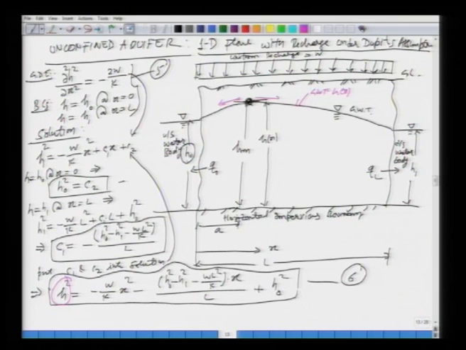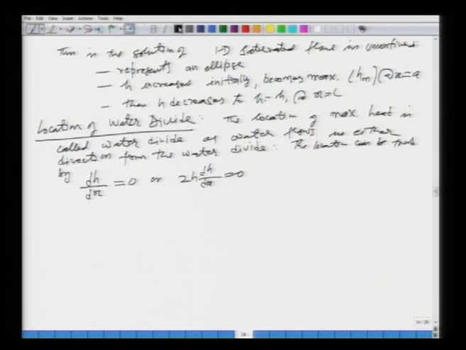You differentiate the right hand side, equate it to 0, and that will give you the location of the water divide. So, let us do that. That will imply minus 2 w over k x minus h 0 square minus h 1 square minus w L squared over k, all over L, all of that equal to 0. What would that mean?